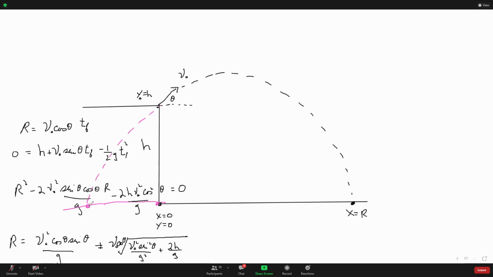I can also fire from the ground so that my projectile goes through this point right here at this angle with this V naught, and that's going to end up here because it's on the same path. So that's what the two values of R represent. One of them is the distance behind the cliff that you fire from the ground in order to go on the same path. And the other represents the range you get if you fire here from the top of the cliff.